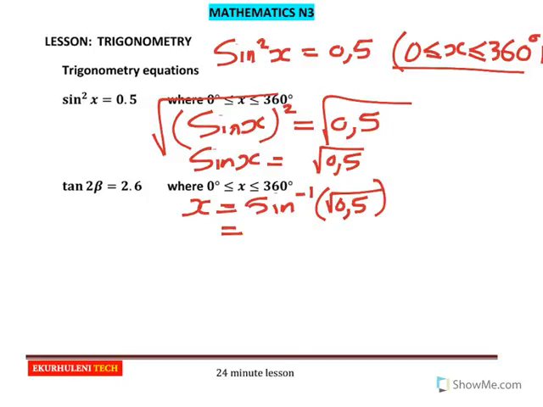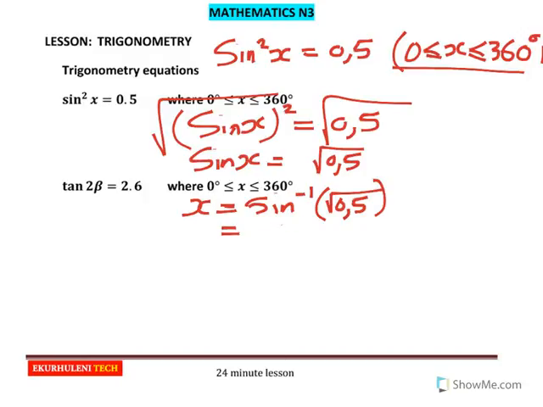If you use your calculator, you are going to get 0.01. Sorry, I think I did punch my calculator wrong. Arc sine square root of 0.5. Actually, I did punch it wrong. It is equal to 40.